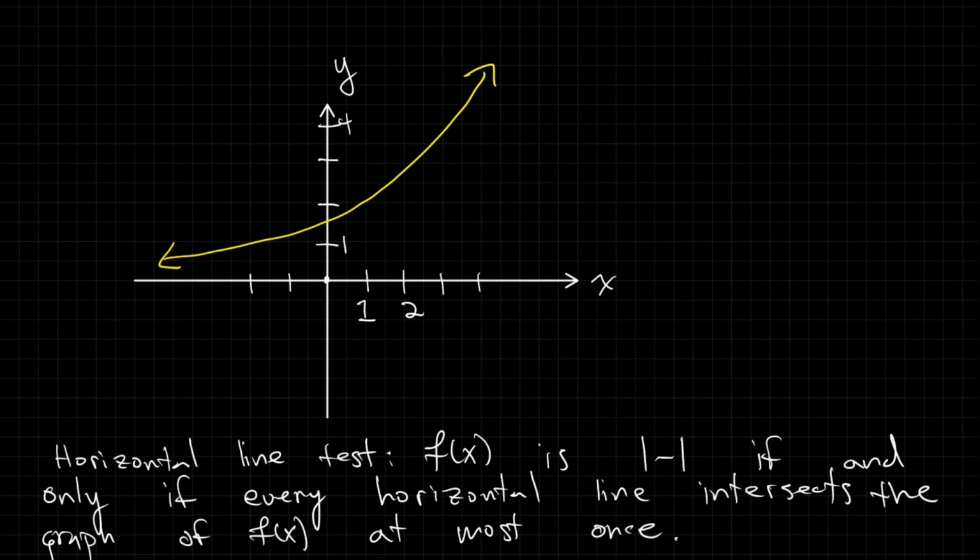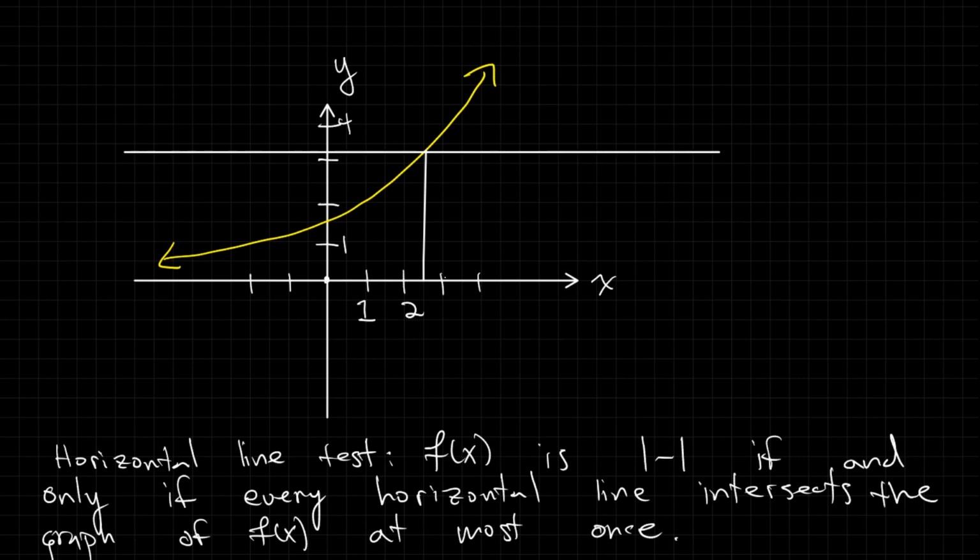Remember, when you draw a horizontal line, you are determining which inputs have the output for the y value of your horizontal line. So the y value for this horizontal line that I've just drawn is a little bit more than 3. And so we can find the intersection with the graph, and we can find the input which has that output. It looks to be about 2.5.